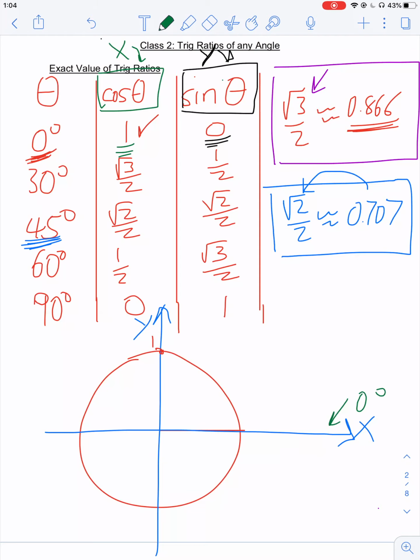So if this is 0, then your angle over here is 90 degrees.